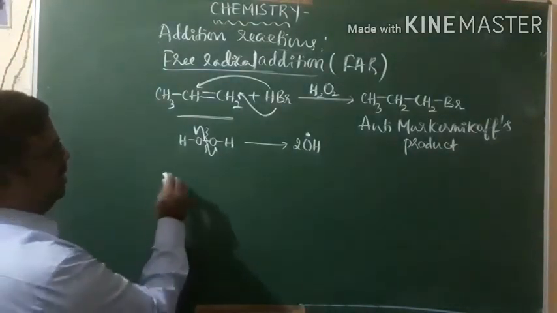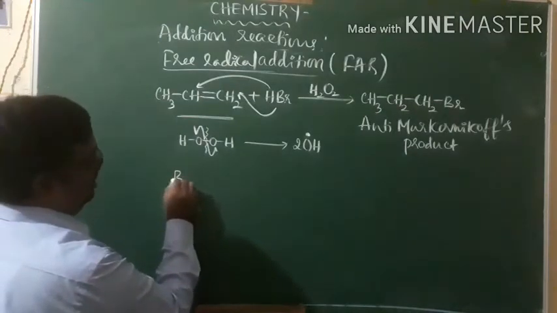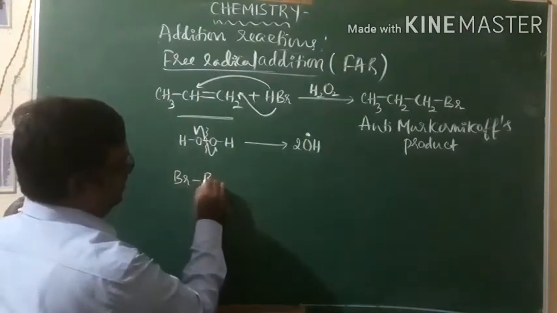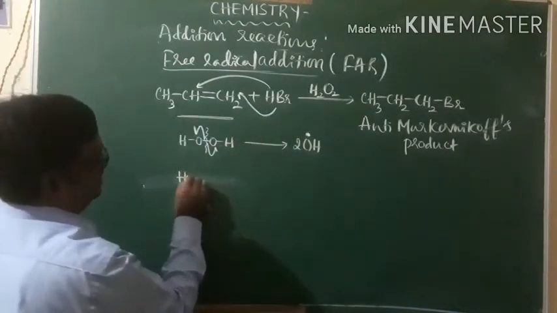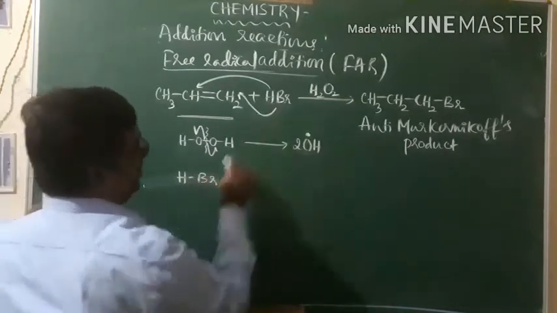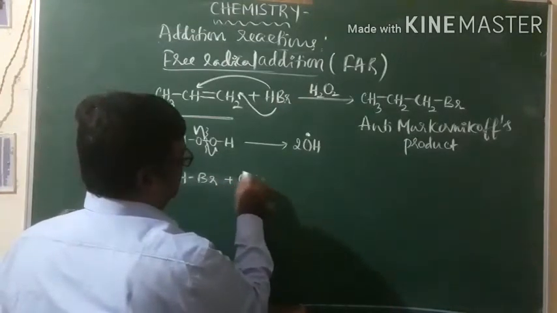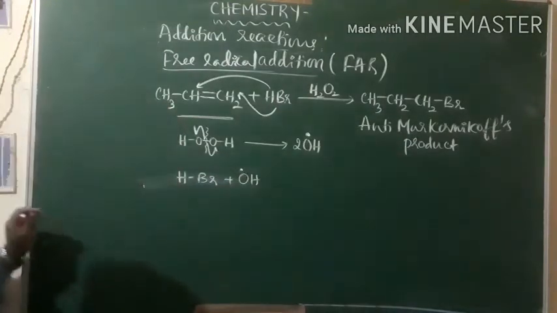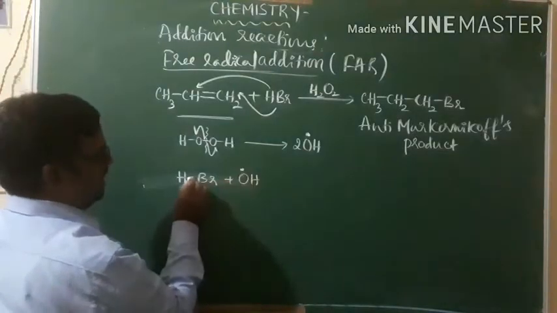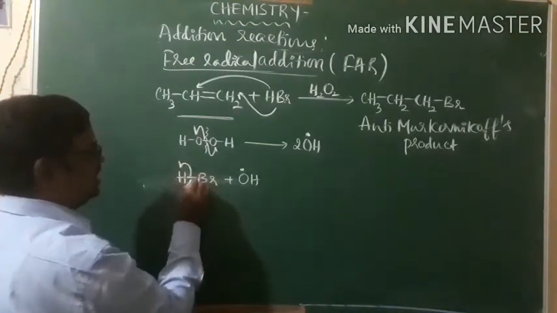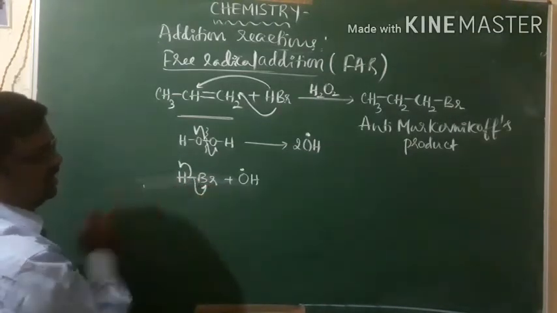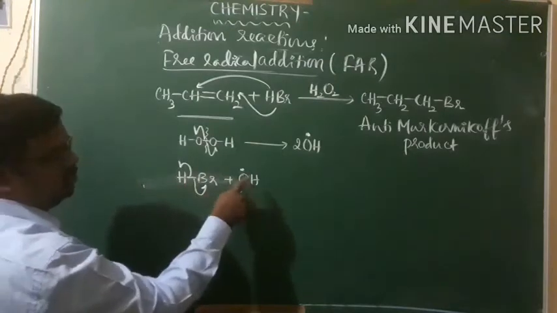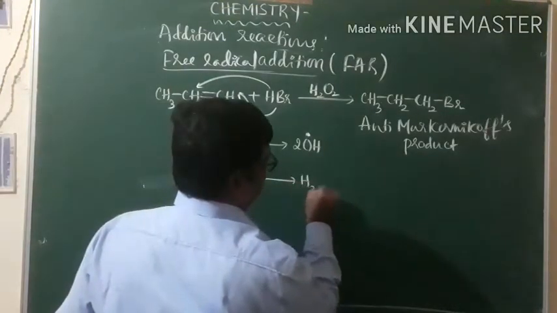In presence of that free radical, you have HBr, that is H single bond Br. In presence of this OH dot, this HBr bond undergoes homolysis. H gets one electron, Br gets the other electron. Then H dot reacts with OH dot, and you get H2O.